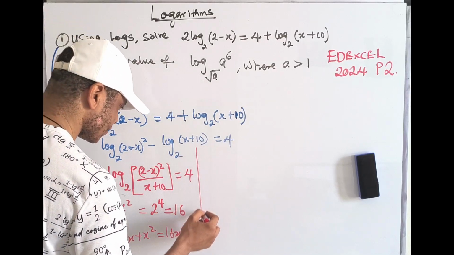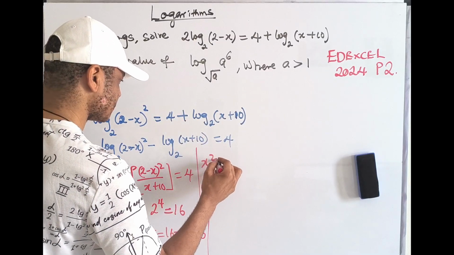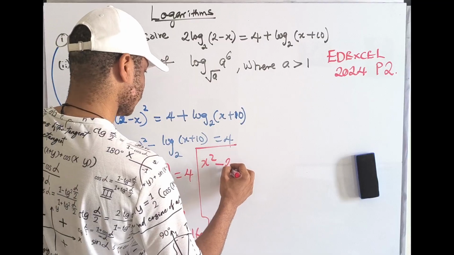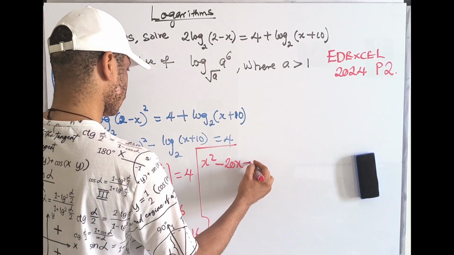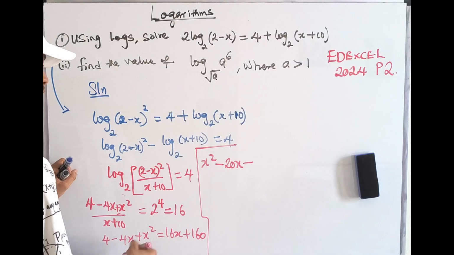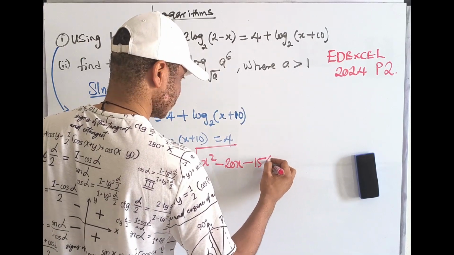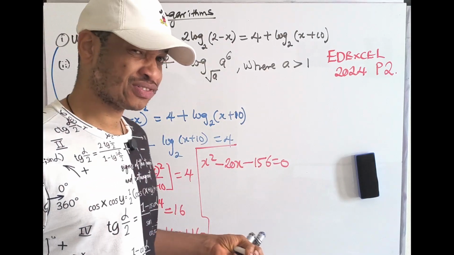You should be able to solve it for now. So I will move, so x squared, then I'll move this minus 20x, then I will move that minus 4, so minus 156 is equal to 0. So use your calculator. You should be able to solve quadratics, right?